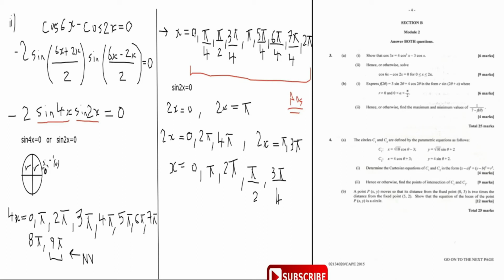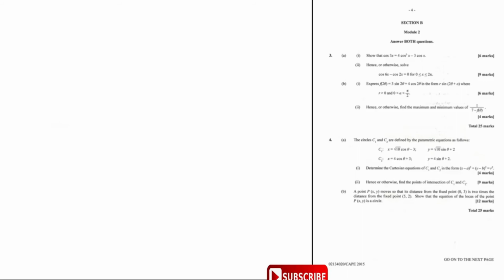Now let's go to the next part of the question, part B. It is saying that we need to express f of 2 theta in the form 3 sine 2 theta plus 4 cos 2 theta.